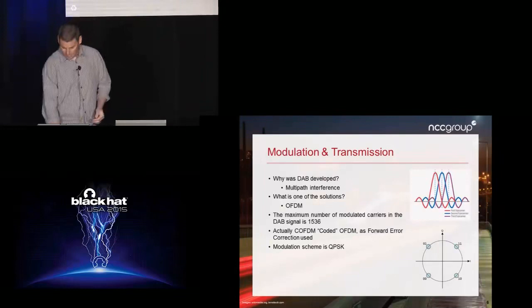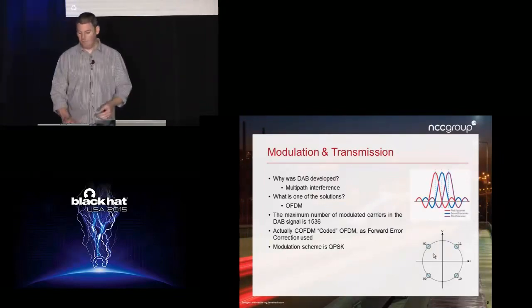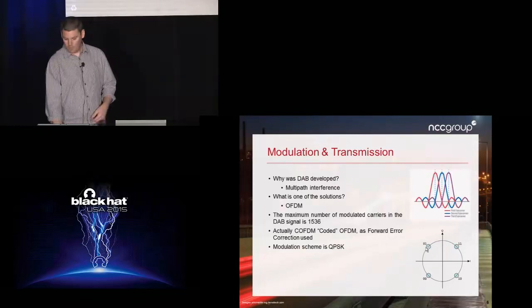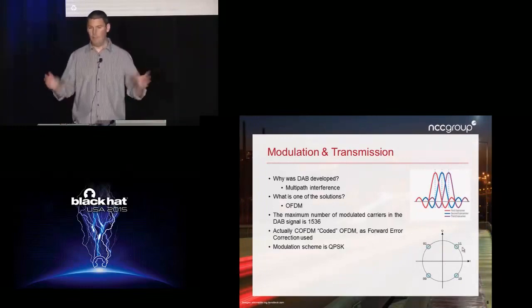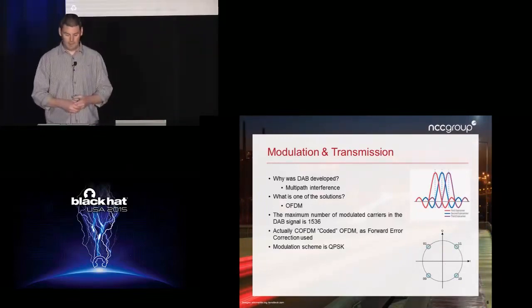And as you can see in that diagram we've got there, it allows for 4 different symbols, 0 0, 0 1, 1 0, and 1 1, to be represented by 4 different phases in the way that the modulation scheme is set up.